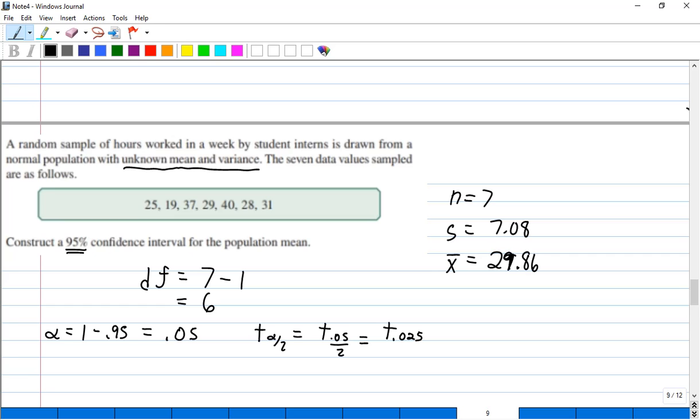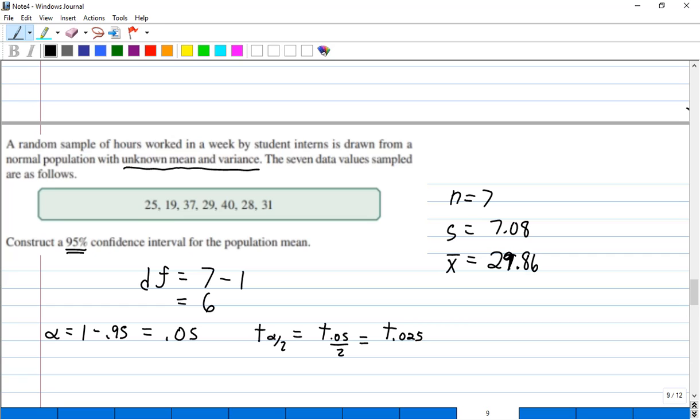So degrees of freedom is 6. It's the fourth column. So what is your critical t-value? 2.447. If you don't see that right now, you need to open your eyes and see that.